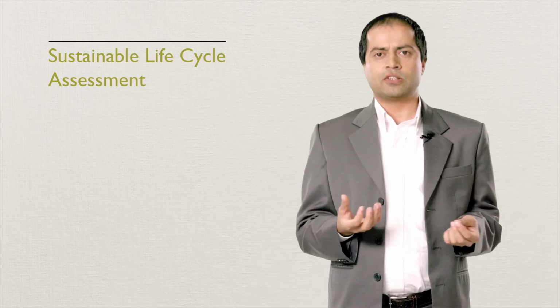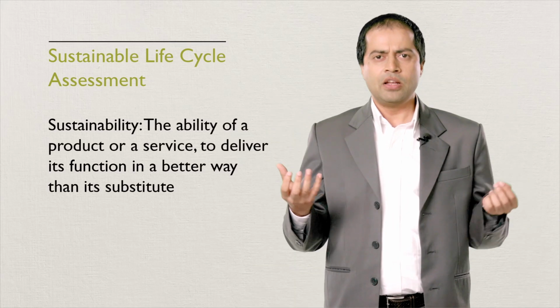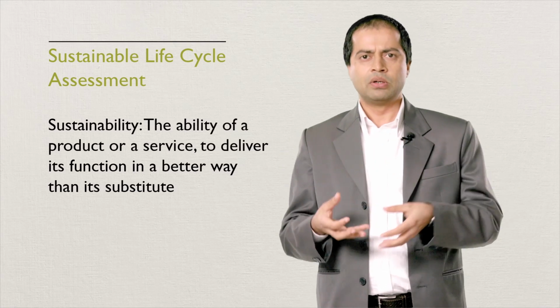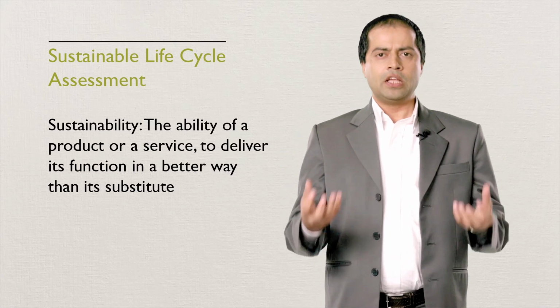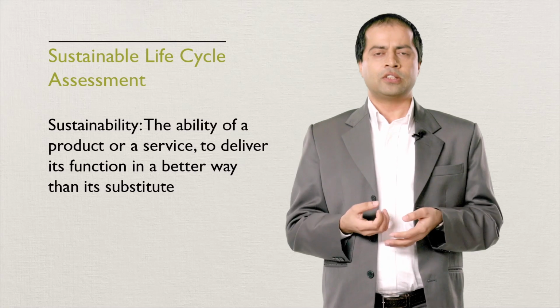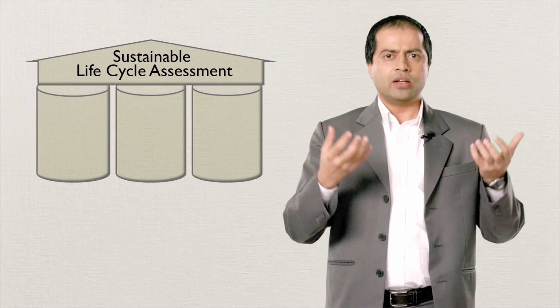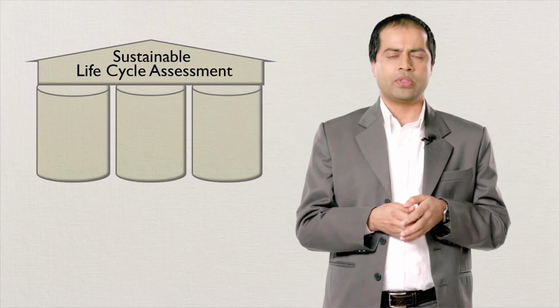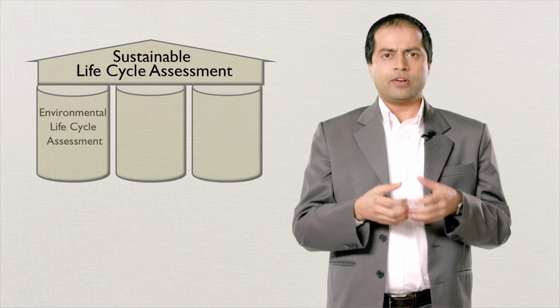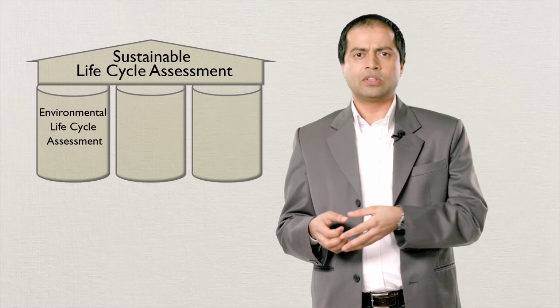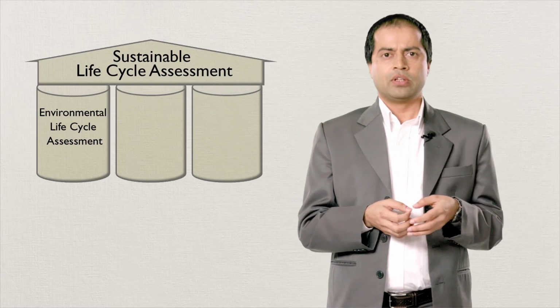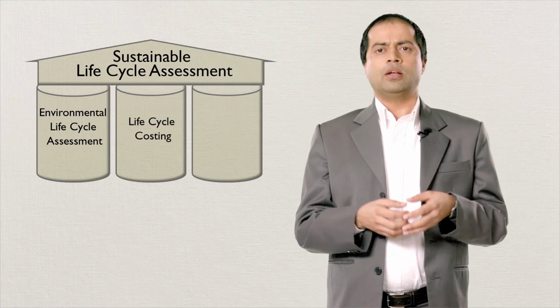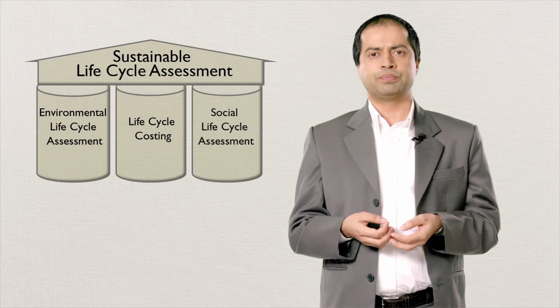What does sustainability actually mean? In simple terms, it is the ability of a product or service to deliver its function in a better way than its substitute. We analyze the sustainable life cycle assessment of a product or a service at its three pillars: environmental life cycle assessment, often called LCA, life cycle costing, and social life cycle assessment.